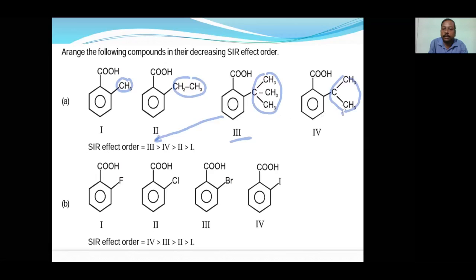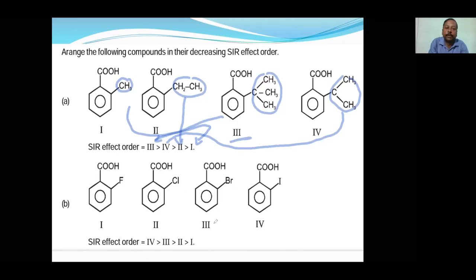The second largest will be this one, and then propyl, ethyl and methyl. Steric hindrance is directly proportional to size, so the SIR effect is maximum in 3. That means there are fewer chances of resonance in the first one.